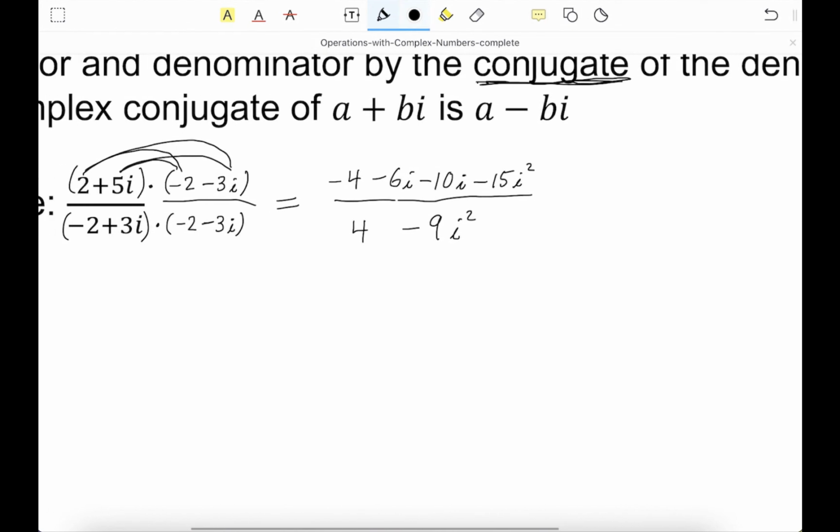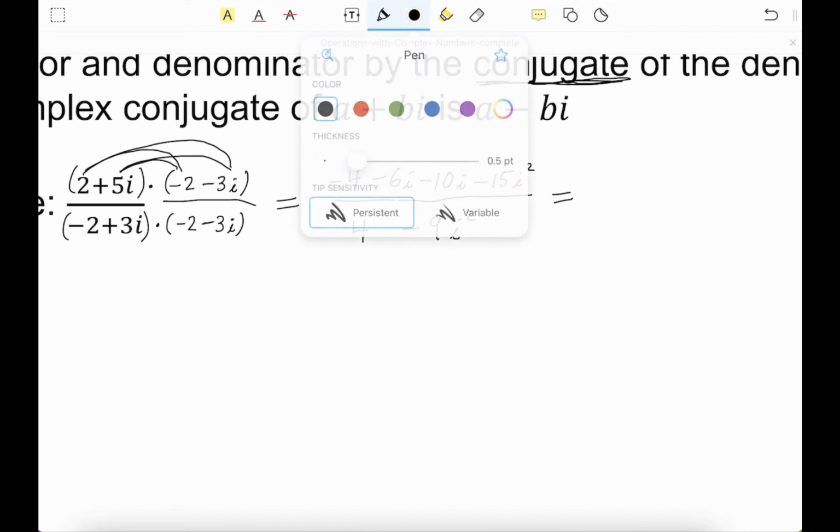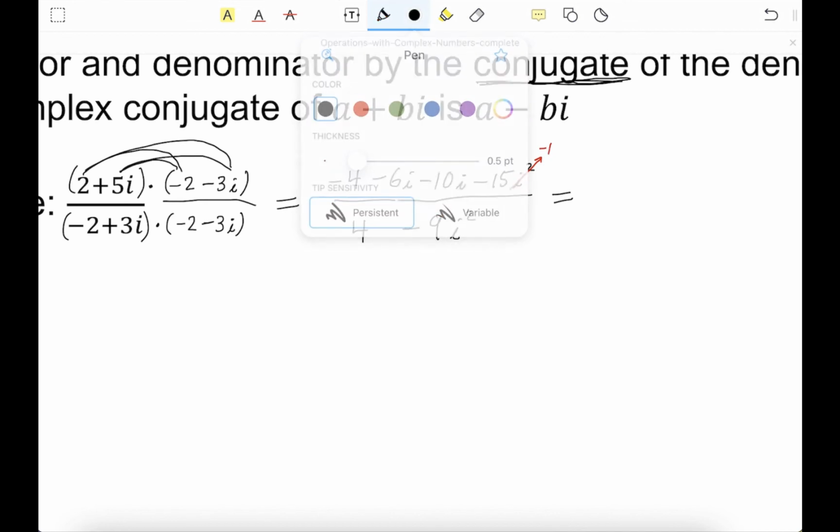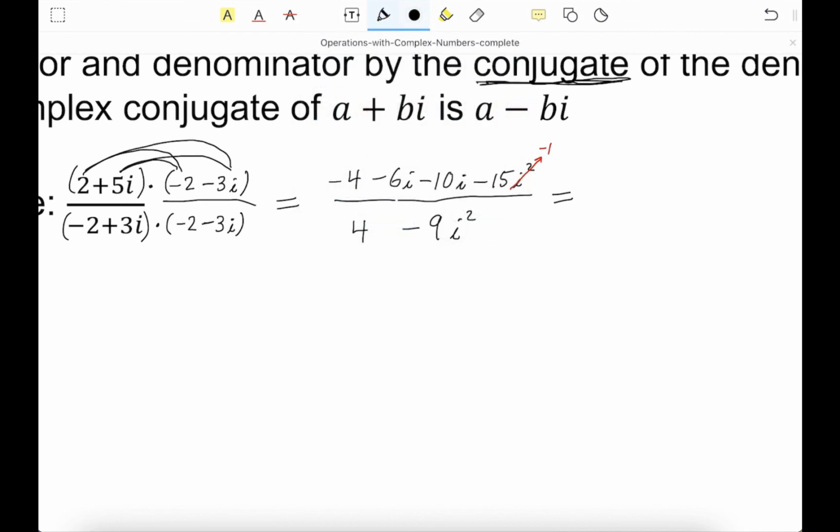We then want to simplify this. So I have here this i squared is negative 1. So we have negative 1 times negative 15. That's positive 15 minus 4 gives me 11. The imaginary part gives me negative 16i.